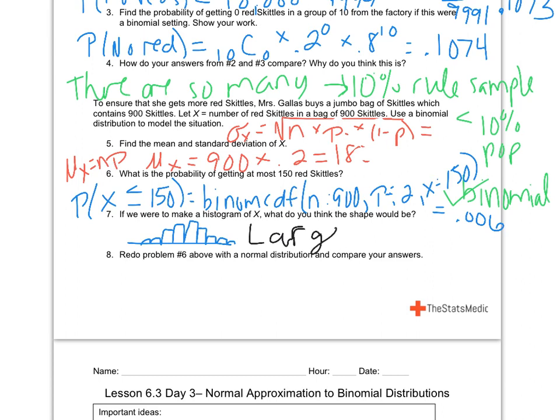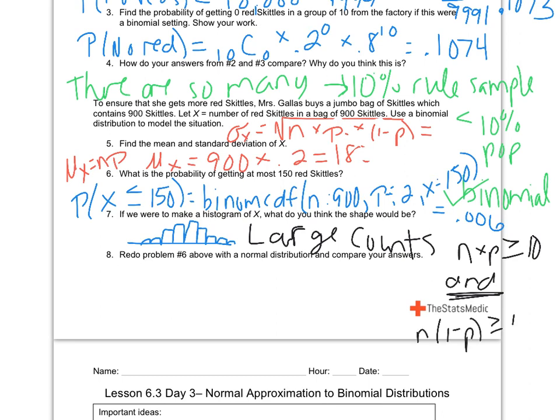And what our large counts states is that if n times p is greater than or equal to 10 and n times 1 minus p is greater than or equal to 10, we can assume an approximately normal distribution.